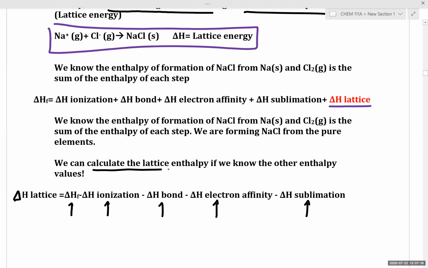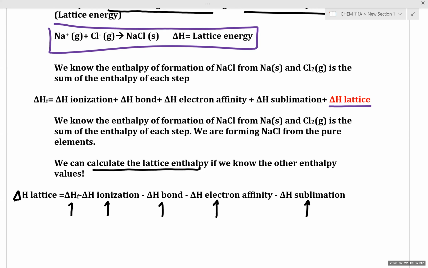So we have a way of calculating lattice enthalpy from these tabulated values. Pretty cool, right? Then we can even go farther and compare our lattice enthalpy to the literature lattice enthalpy measured through another method.